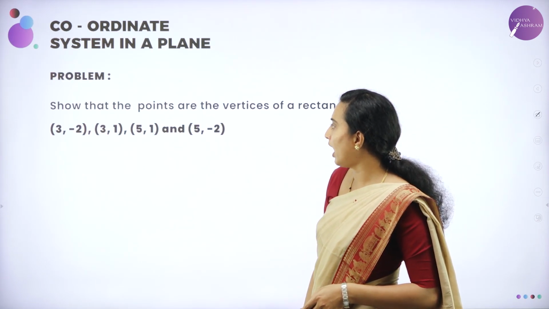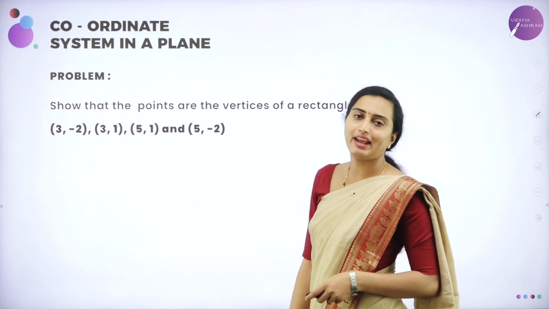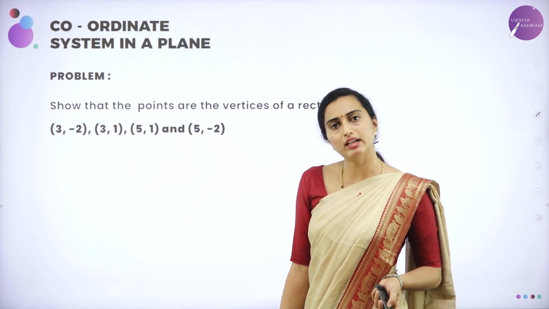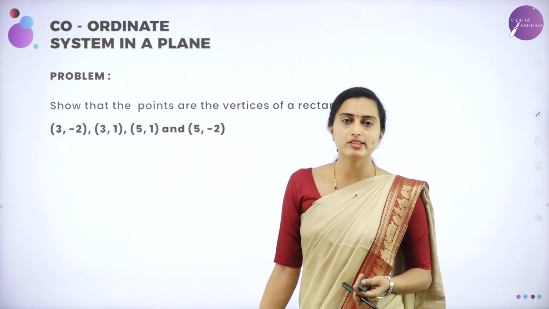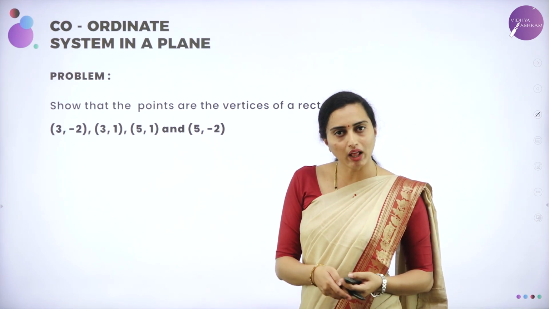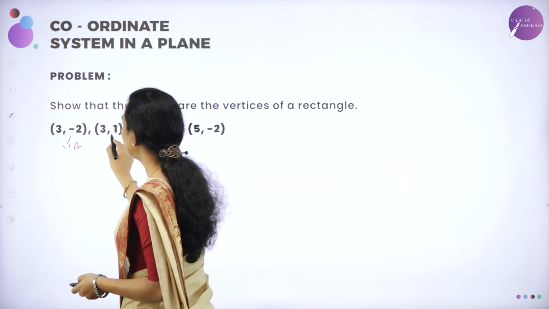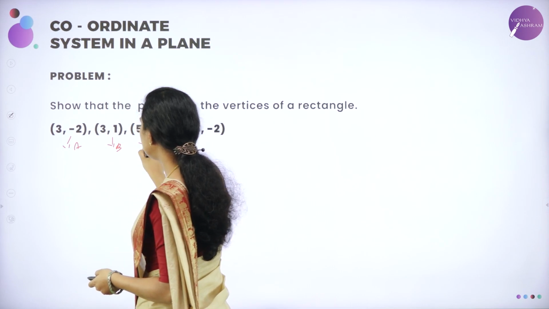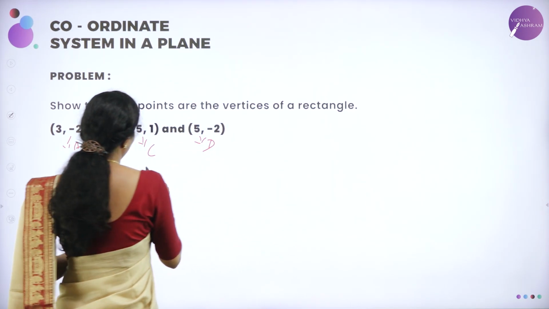Show that the points are the vertices of a rectangle. What is a rectangle? Rectangle means opposite sides are equal and also diagonals are equal. Correct? So let me take these points as A, B, C and then D. Let me find out AB distance.